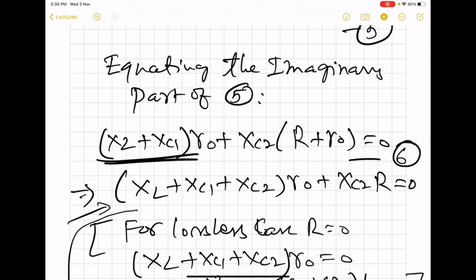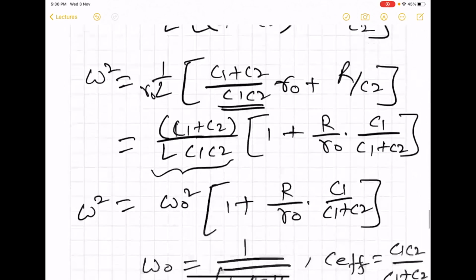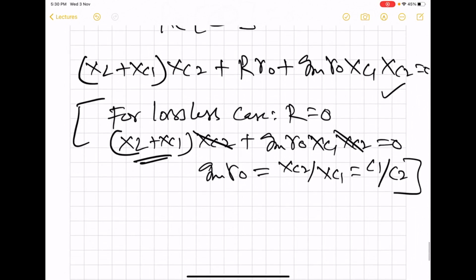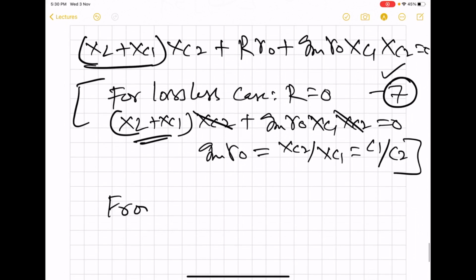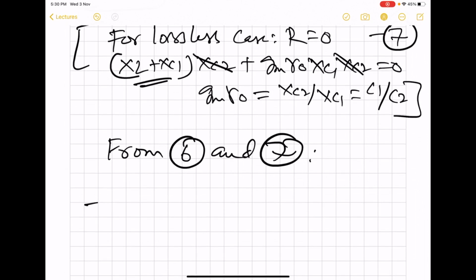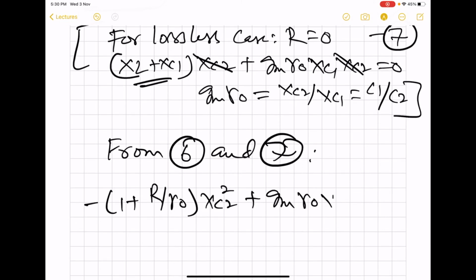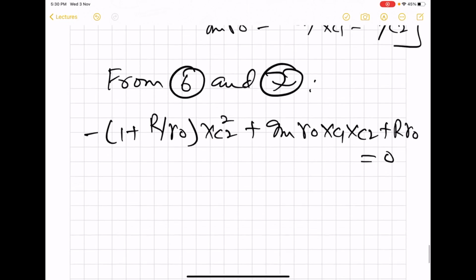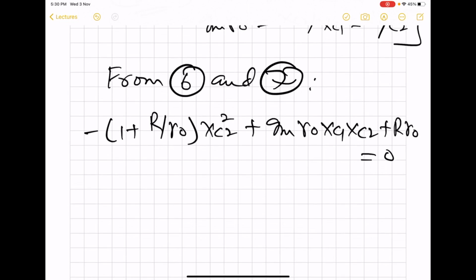So here we have this factor, and we can eliminate this factor from equation 6. So this is what we will get if we use those two equations. And here our goal is to find out GM R naught.